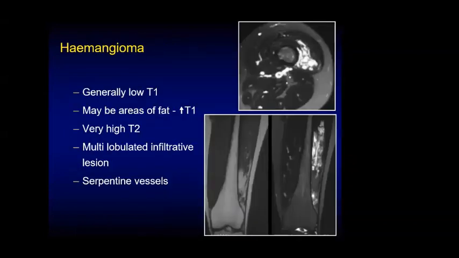Here is another example of a soft tissue hemangioma. This is the fatty component within the tumor, and the high T2 signal intensity. It can be sometimes quite infiltrative, and sometimes you may see a very prominent surrounding network of vessels around the tumor, feeding vessels into the tumor.